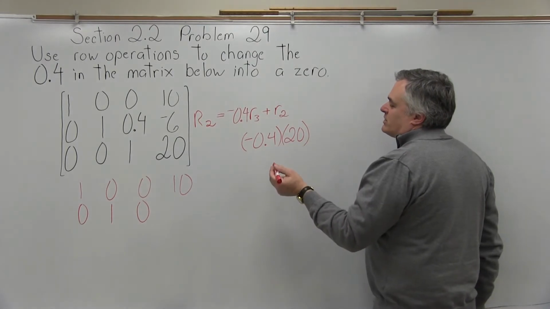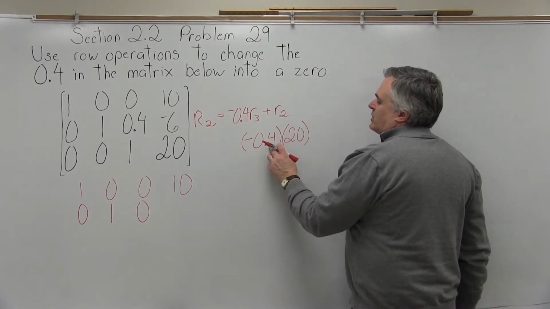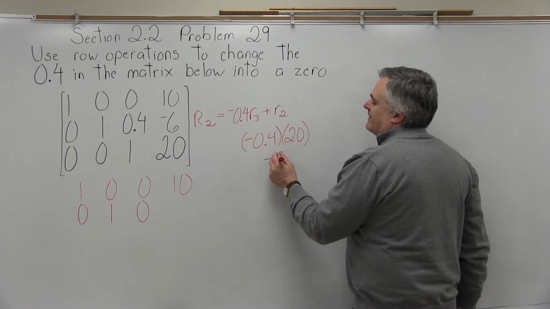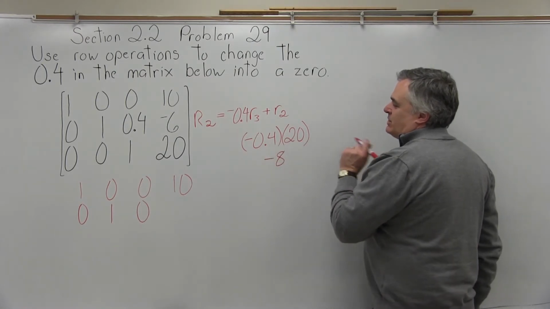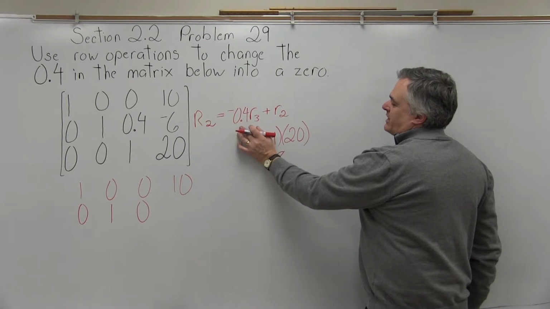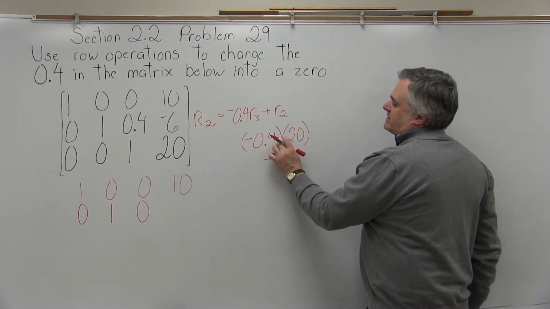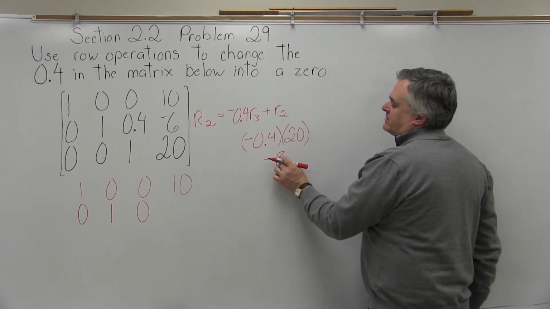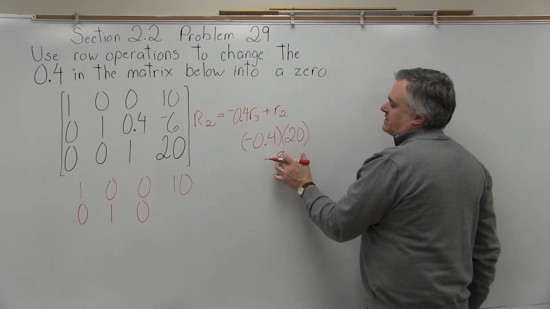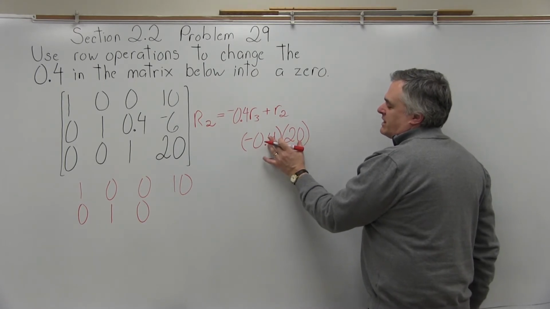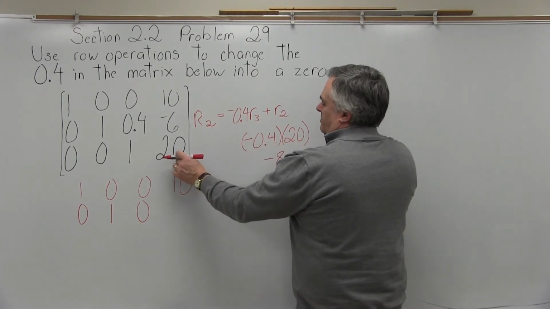Now you might want to do this on your calculator. So negative 0.4 times 20 will be negative 8. I really just think of 4 times 20, or you can just use this 0 to bring the decimal over. I know it's 4 times 2, and I adjust for the decimal and the 0. Don't forget it's negative. However you do it, I would recommend using a calculator. You get an answer when you multiply of minus 8.